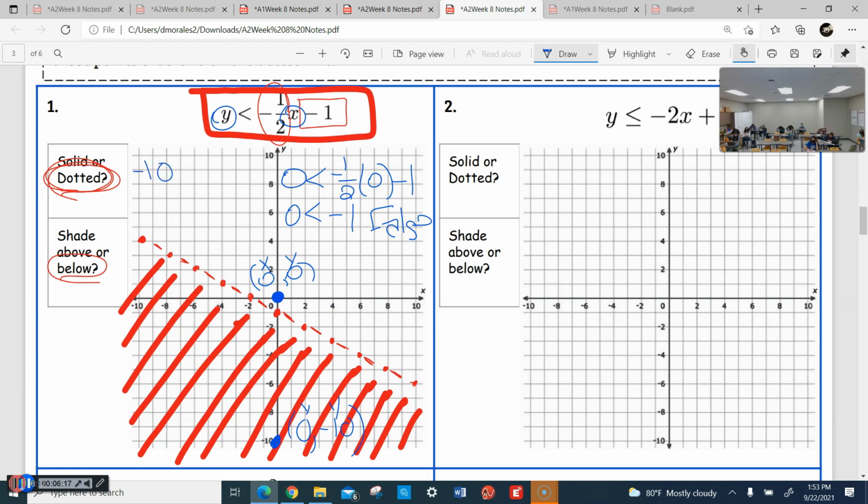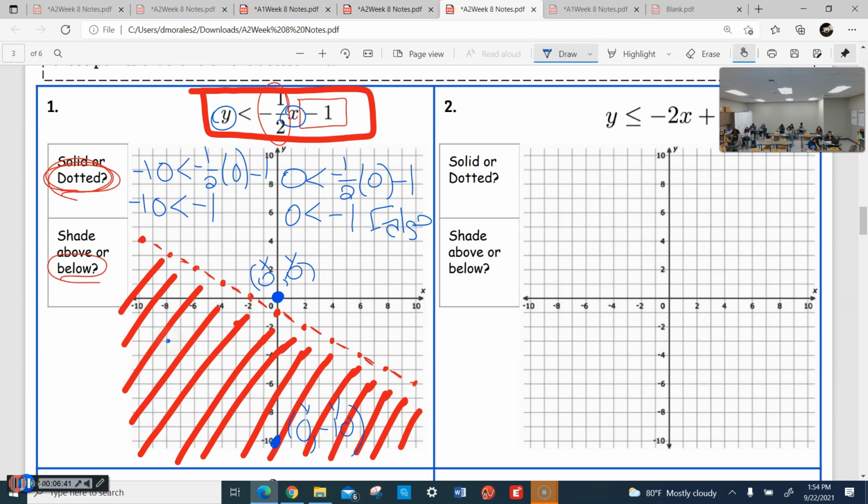So I have negative 10 is less than negative 1/2 times 0 minus 1. When I simplify this from left to right, I have negative 10 is less than, what's negative half times 0 again? Minus 1. Is it true that negative 10 is smaller than negative 1? Yes, that's why it's in the shaded zone.